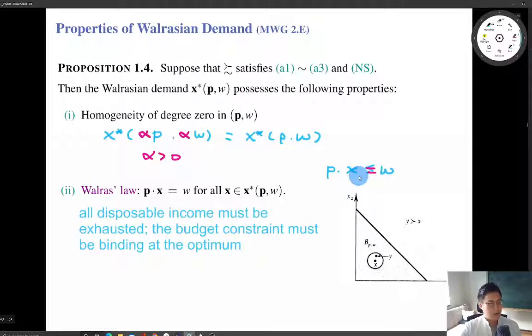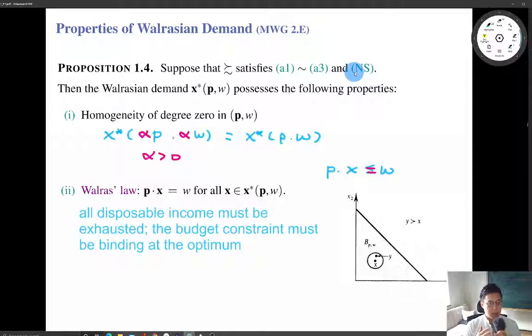That is one simple implication of the desirability assumption. If you took undergraduate microeconomics, you may have learned under monotonicity, the more the better, the optimal bundle must be on the budget line. But it turns out that we can relax that assumption of monotonicity to local non-satiation. So the proof is immediate.